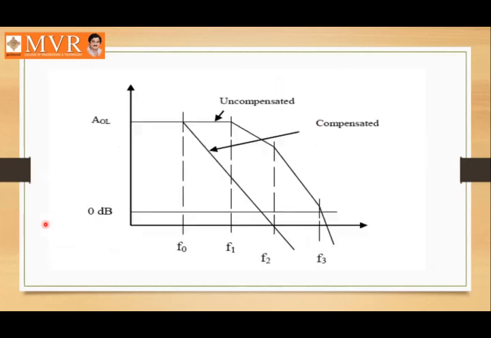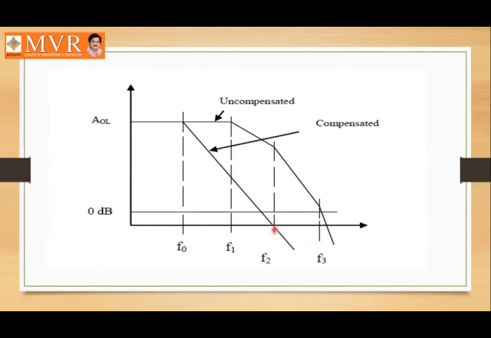The compensated network produces a zero at the first corner frequency f1, and f naught is equal to omega naught divided by 2 pi, which is selected such that the compensated transfer function passes through 0 dB at the frequency f2.